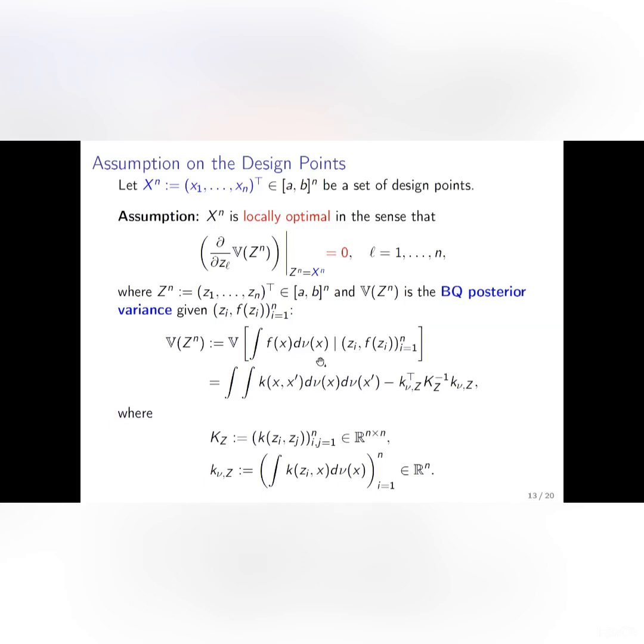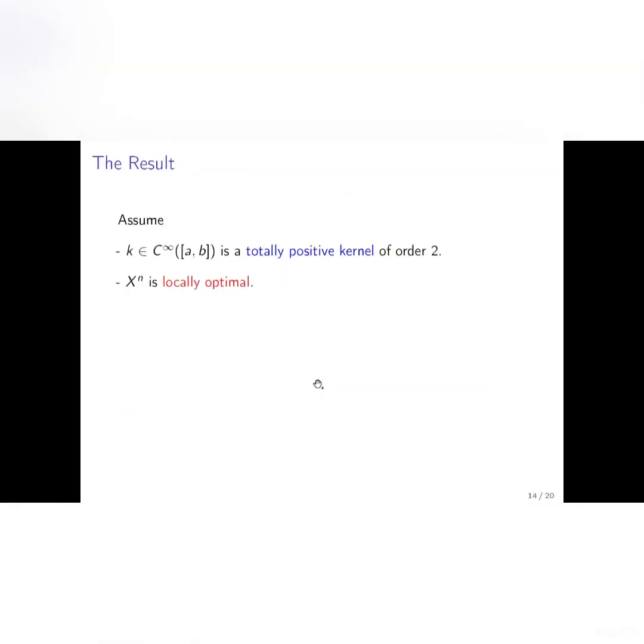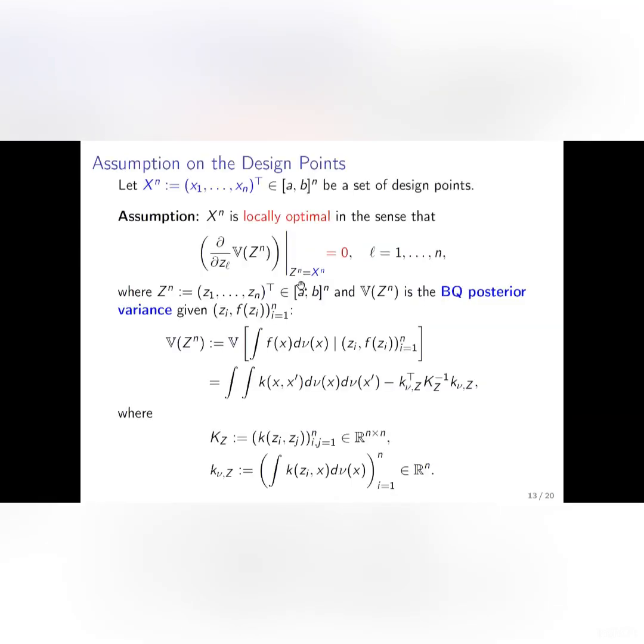Luke in the morning session mentioned that this is actually the MMD worst-case error, and Tony also mentioned this one: the RKHS distance between the kernel mean embedding of nu and that of the empirical measure. Okay, and the result here is that we assume design points are locally optimal in the sense that this gives vanishing gradients. So maybe we could also say this is a kind of stationary point. Okay.